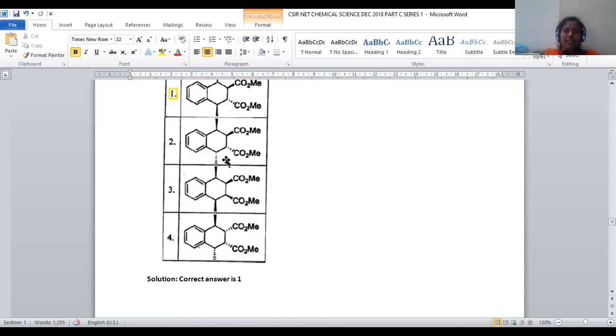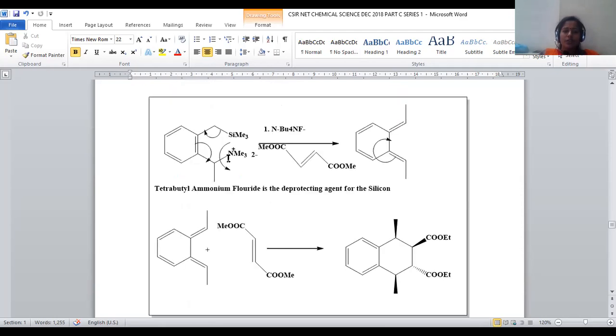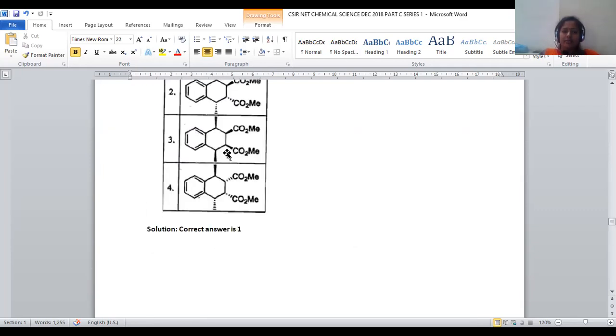So now let us see how the product formation is possible, right? When we are treating with N-tetrabutyl ammonium fluoride, it will discard this SiMe3 moiety, so that this bond is shifted and a carbon-carbon double bond is generated, and this bond is shifted so that a new carbon-carbon double bond will be generated.